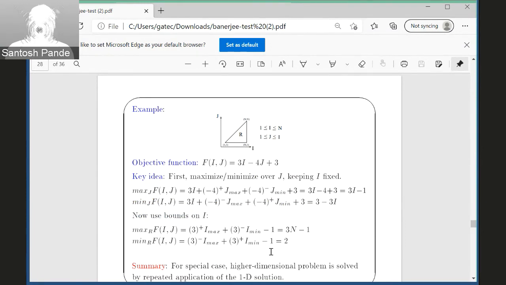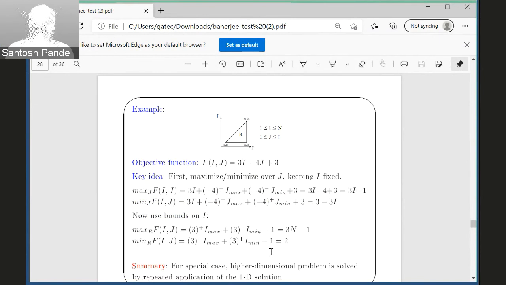So if we do that, let's take the maximization of 3i minus 4j plus 3, where j is varying from 1 to i. In this case, you can see that the coefficient of j is negative, and therefore we'll choose the smallest value of j, keeping things simple.